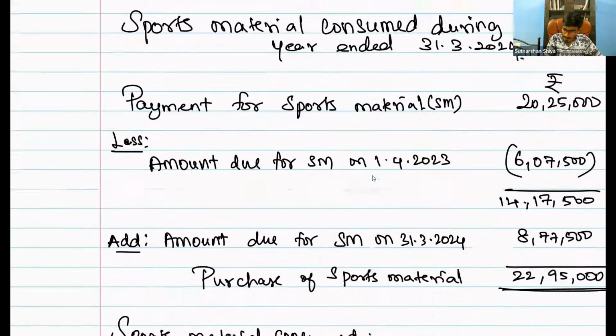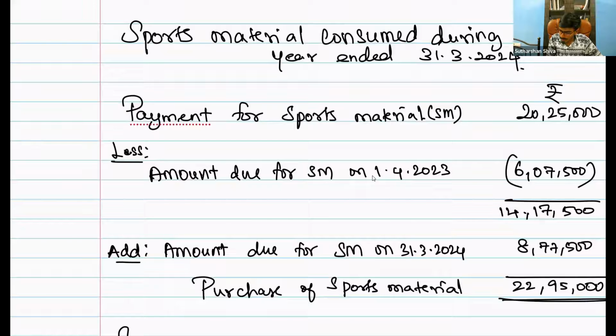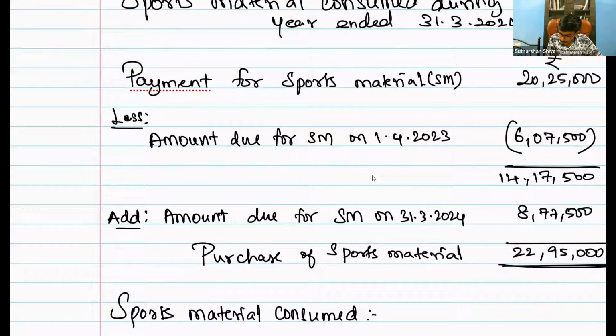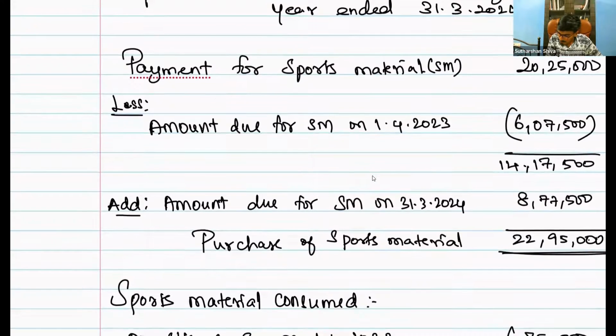Yes. Next, come to the sports material part. Opening stock of sports material will be opening plus purchases minus closing. That's how it will be. Here, I know opening and closing. Payments made to the sports material.